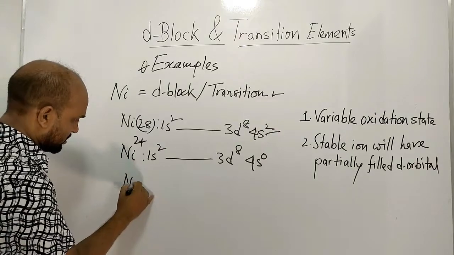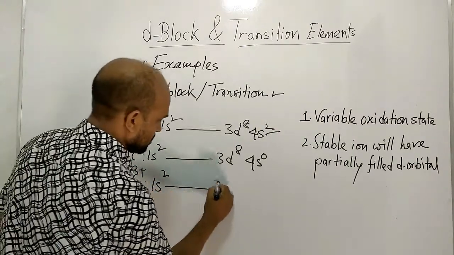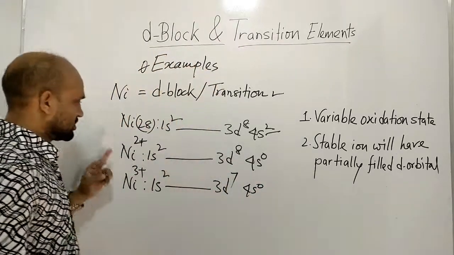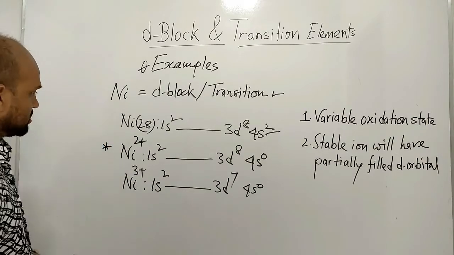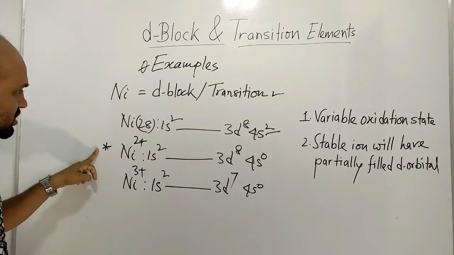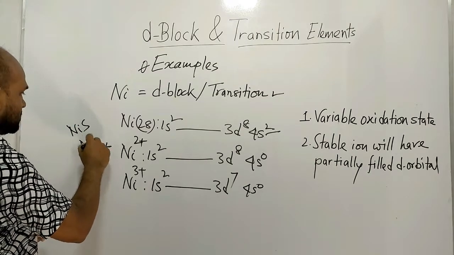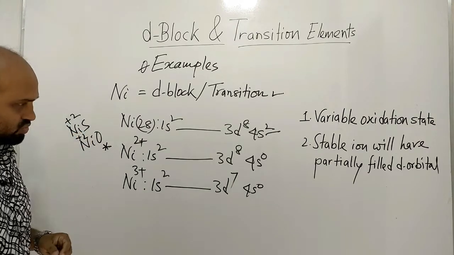Another ion of nickel is 3+: 1s2, 3d7, 4s0. From these two ions, this is the stable ion. The compounds of nickel 2+, that is nickel sulfide, nickel oxide, have oxidation number +2.